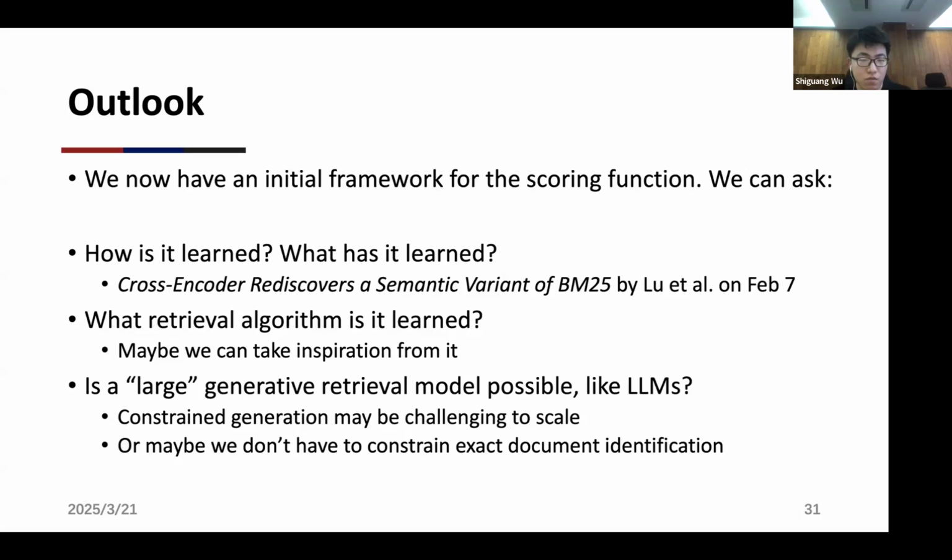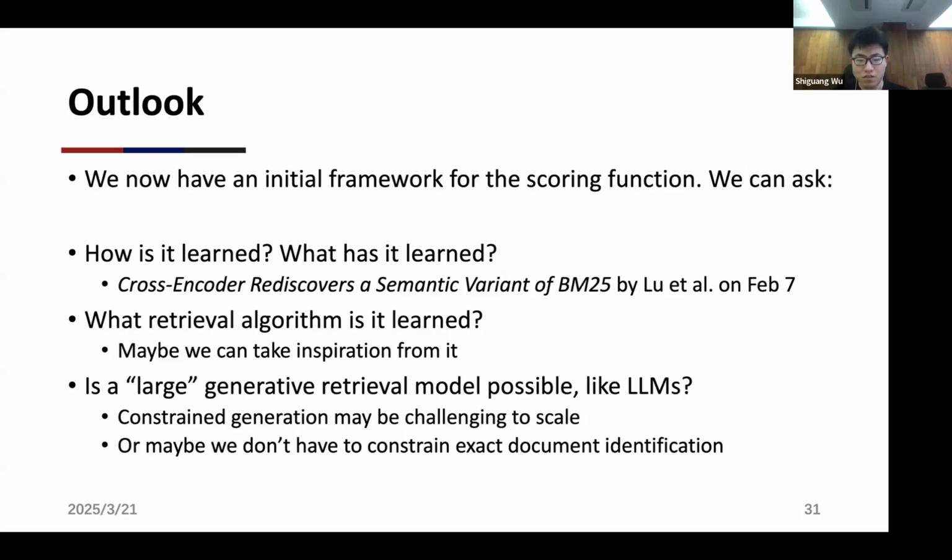And so for the scoring function, we have a framework. And what about the retrieval algorithm? There's another element of a retrieval system. So maybe we can take inspiration from this fully learnable retrieval model, dense retrieval. And another question is whether a large generative retrieval model is possible, just like LLMs. We think that constrained generation, which is done during inference, may be challenging to scale.